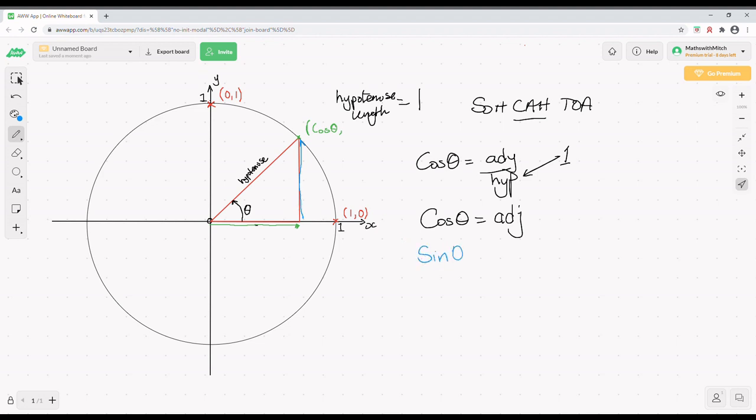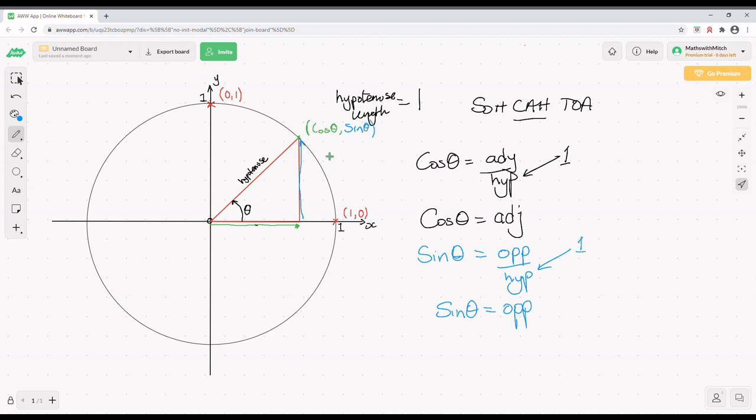So we can say sine theta is opposite over hypotenuse. But again, if we say the hypotenuse is 1, which we've already defined, we can say sine of theta is the length of the opposite side. So now we can say the coordinate of the point in the y direction is given by sine theta.